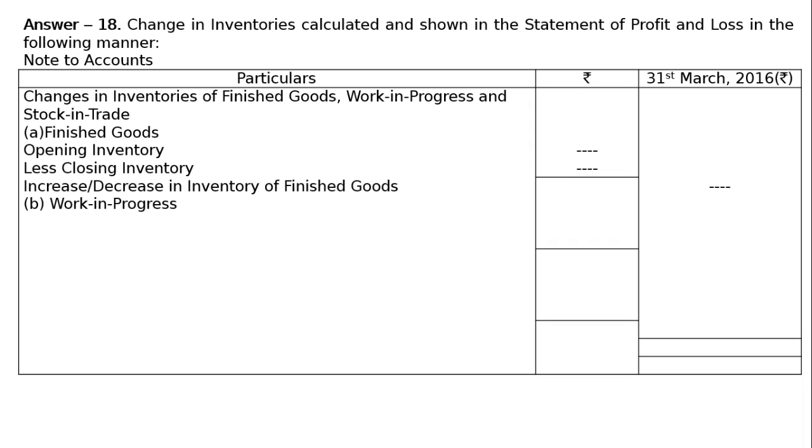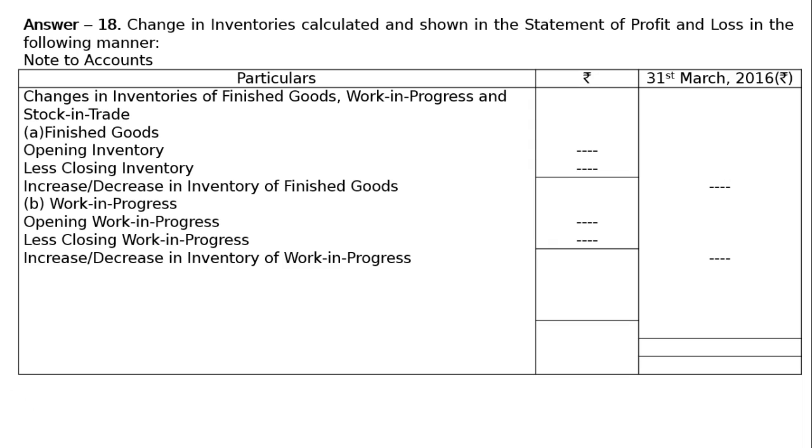B part, work in progress, opening work in progress less closing work in progress. In the details column, we deduct closing work in progress from opening work in progress and show it in the final column. That is either increase or decrease in inventory of work in progress. Then C part, stock in trade, opening stock in trade will be shown in the details column, less closing stock in trade.